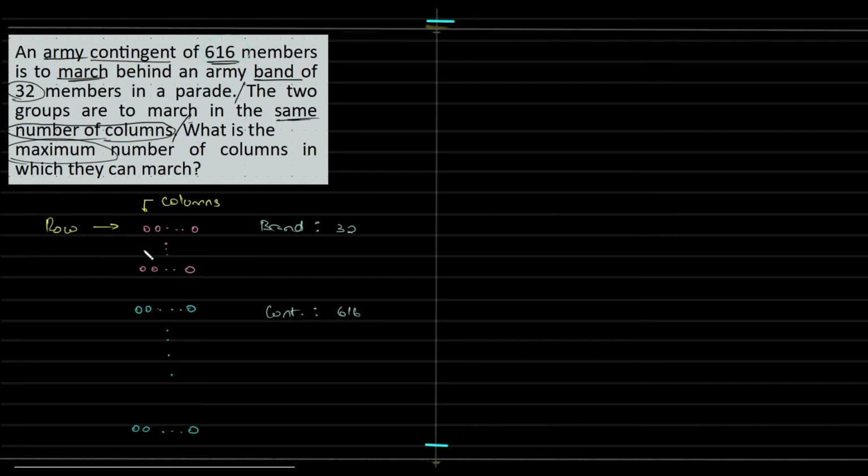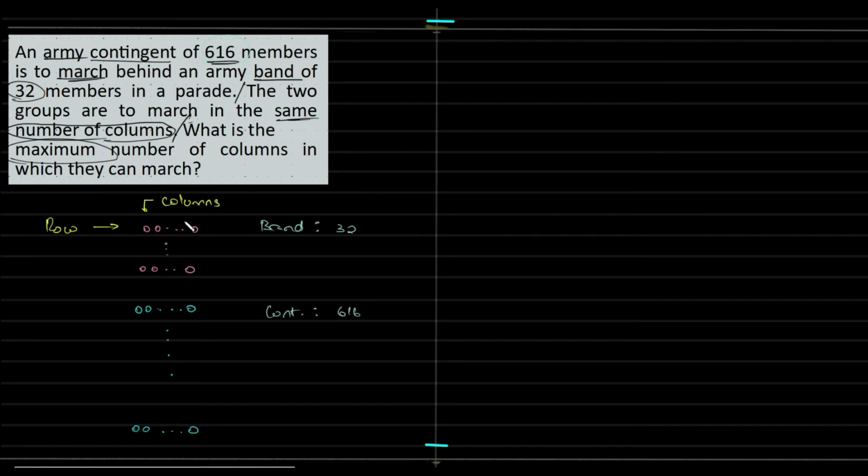So the number of columns will remain the same, but the number of rows can vary. Generally, they fix 5, 6, 7, depending on the school ground size, or so many conditions. So depending on that, the number of columns will be fixed.